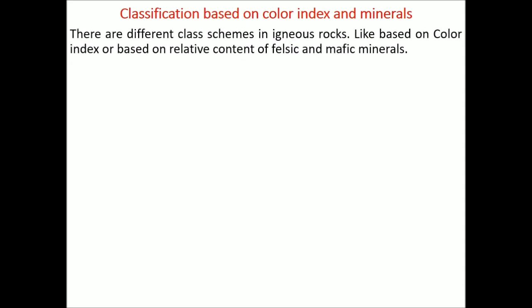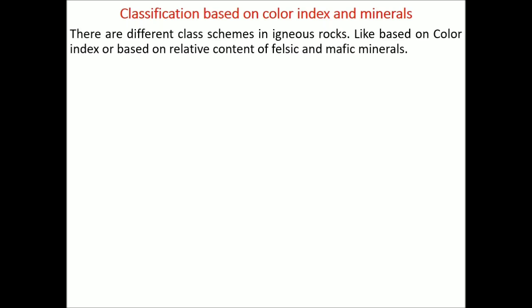Now, another classification scheme. One we have covered is about the grain size. Second is about the mineralogical composition, felsic or mafic, which one is dominant. And another classification can be based on the color, which is not very reliable, but still, the color actually gets reflected, since felsic minerals are light colored and mafic minerals are dark in color.